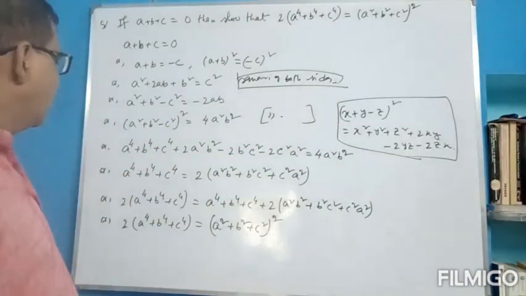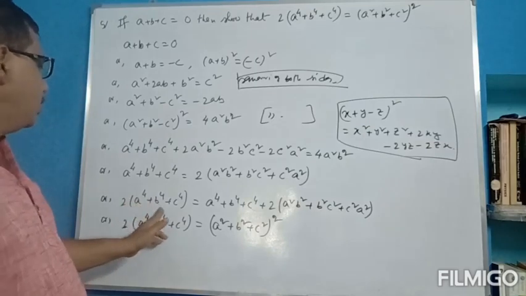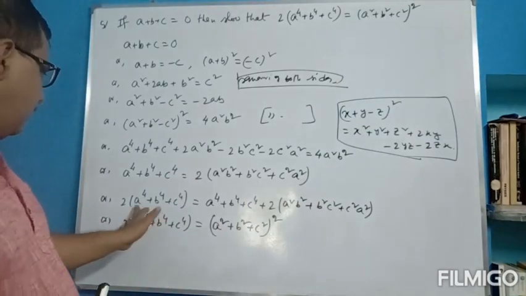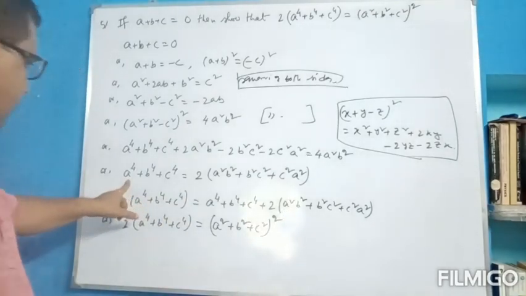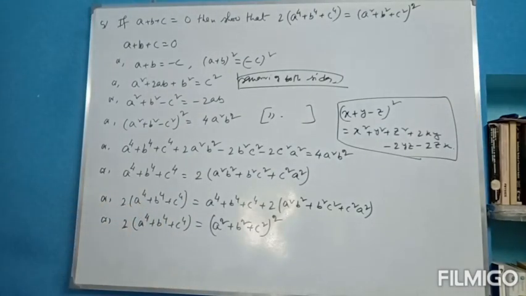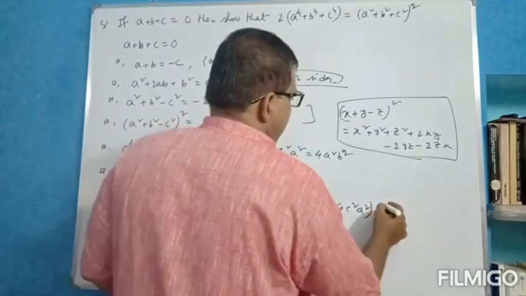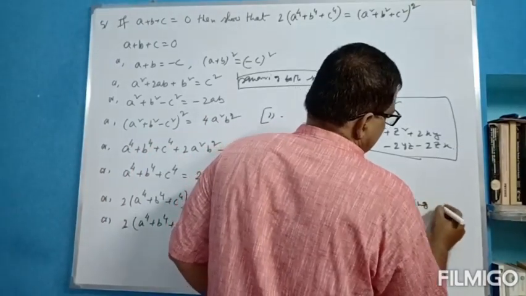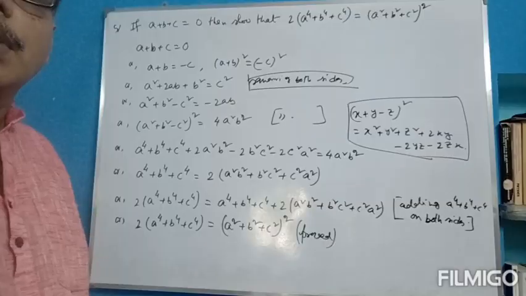Now adding a to the power 4, b to the power 4, c to the power 4 on both sides, not multiplying by 2 again.